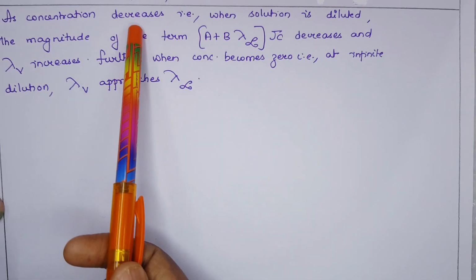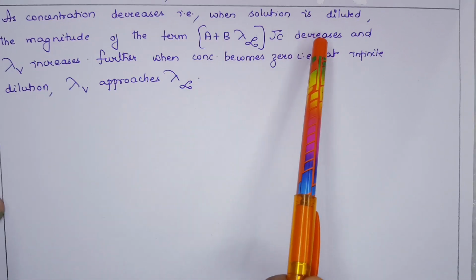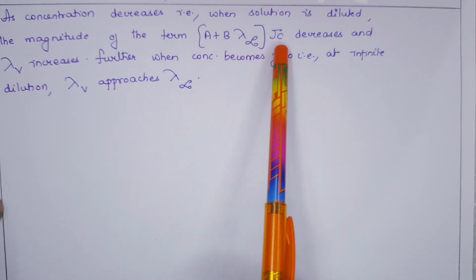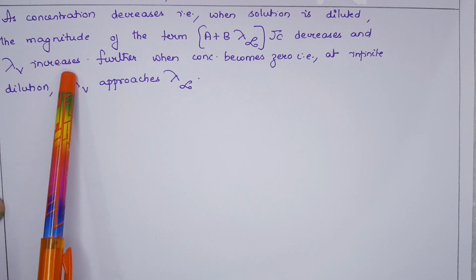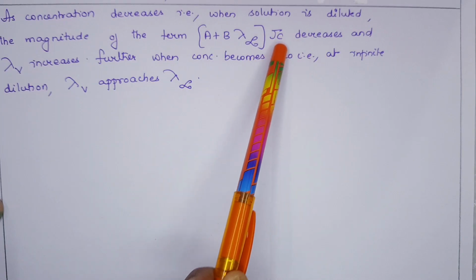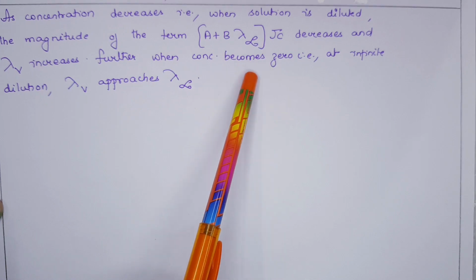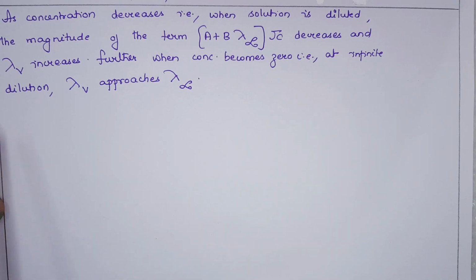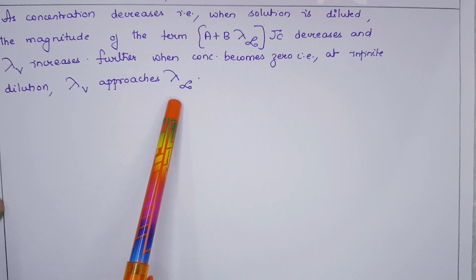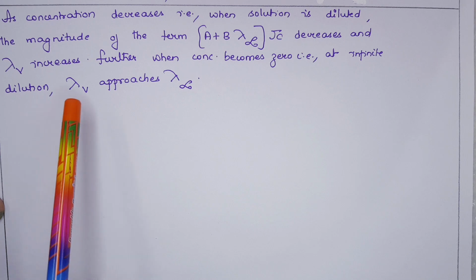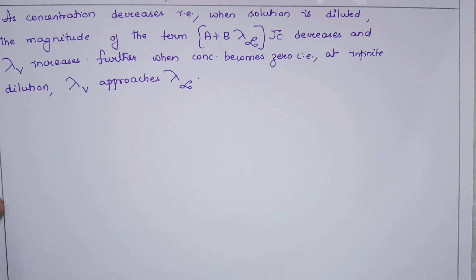When concentration decreases, this term also decreases, and the lambda V value increases. Now when the concentration becomes 0, that means at infinite dilution, lambda V slowly approaches lambda infinity, students. So this is what you will write as the concluding sentence for the Debye-Huckel-Onsager equation.